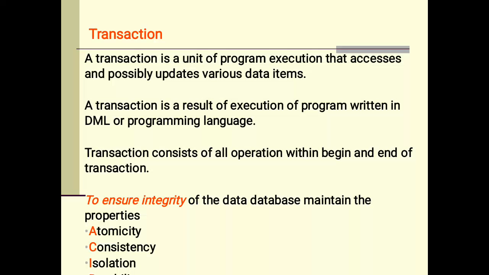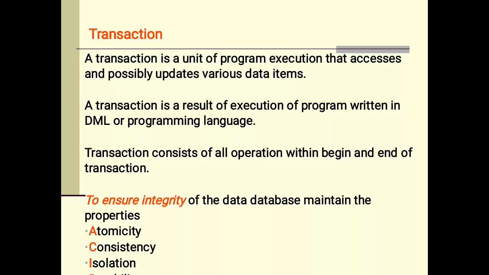So here the transaction is any unit of program, or rather a block of code which executes, and this program accesses the data item, and generally the transaction changes that data item. This transaction can be written in data manipulation language or in a programming language.